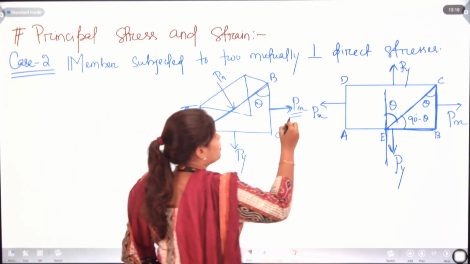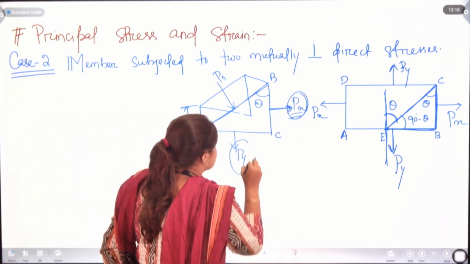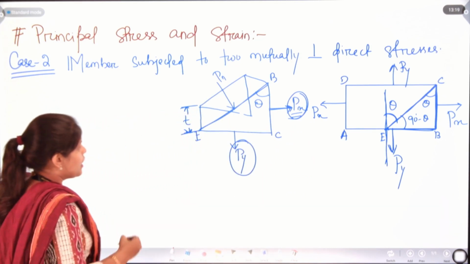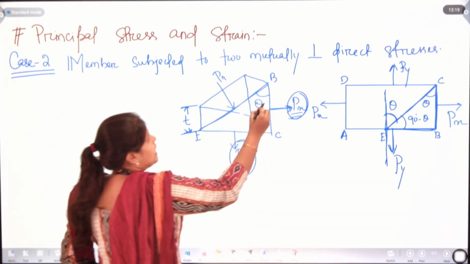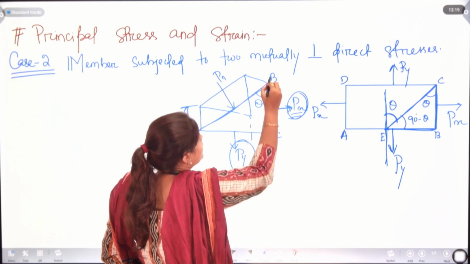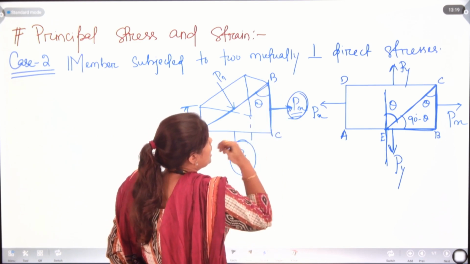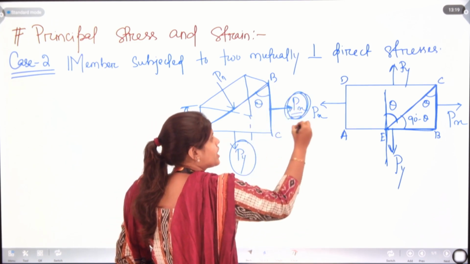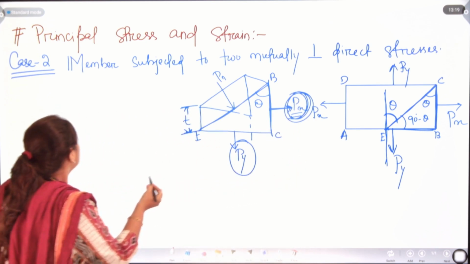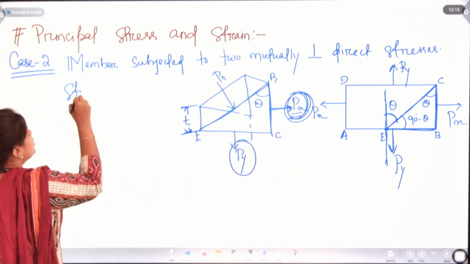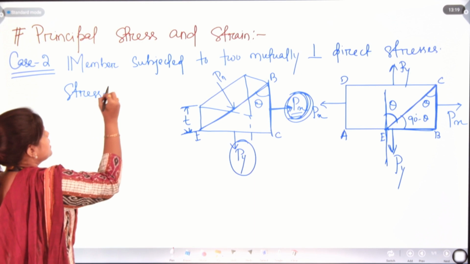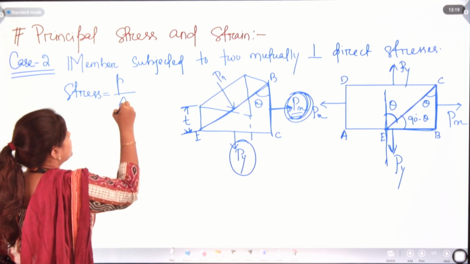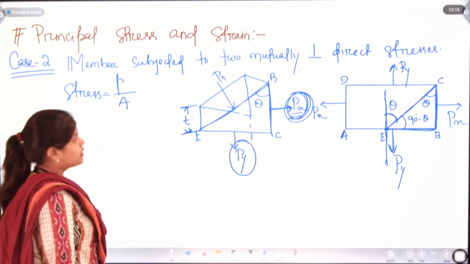Here we have forces, that is Px and Py. Due to Px, as it is acting here in which plane? In BC plane. Due to Px, there will be stress. As we know, the formula for stress is nothing but force upon area, right?